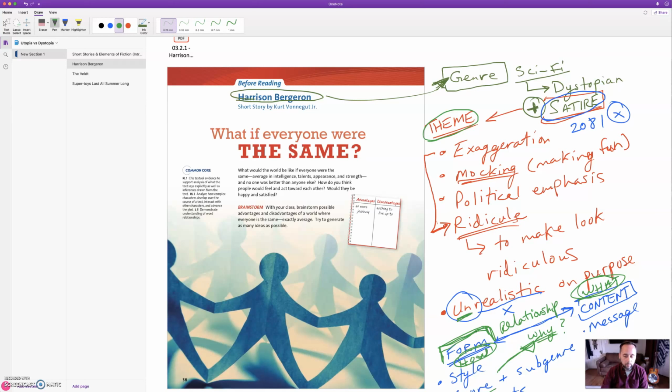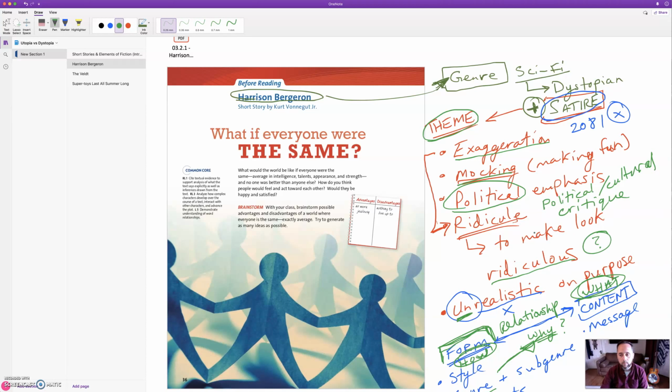That is, being very unrealistic on purpose in order to exaggerate and mock the whole political and cultural situation. There's usually political and cultural critique of society going on through the satire by making something look ridiculous. Why? Well, that's going to come right back to the form, which we'll get to at the end.